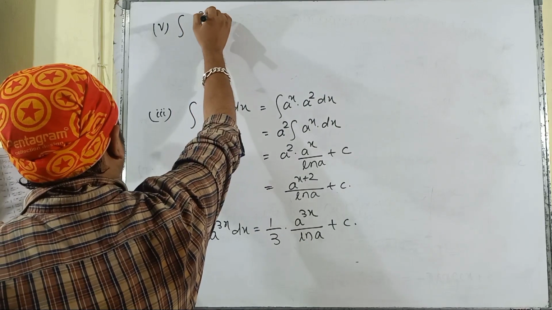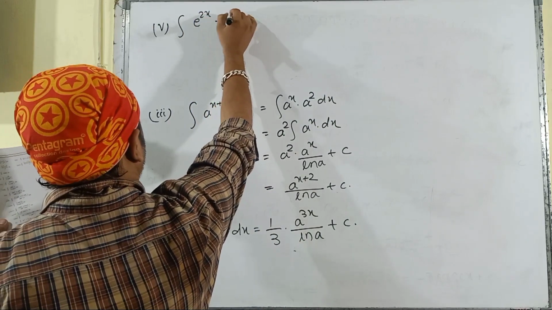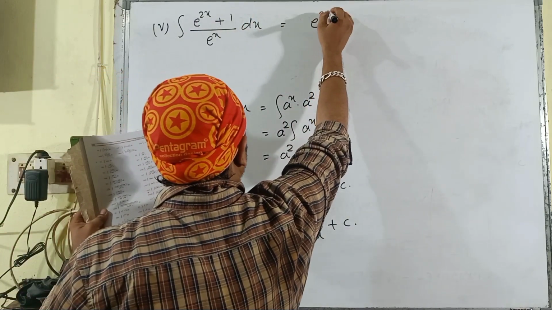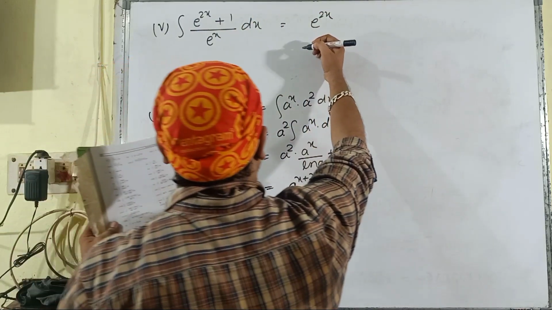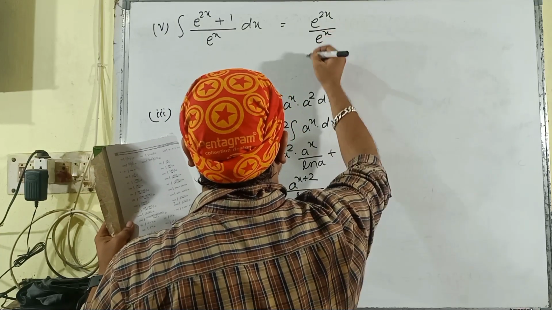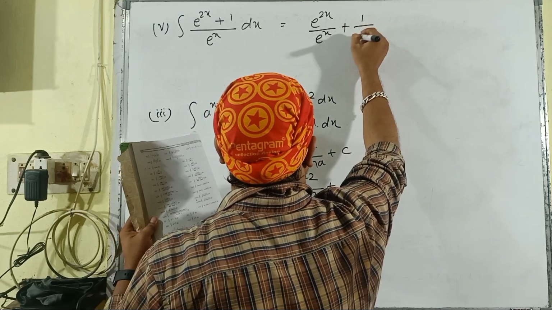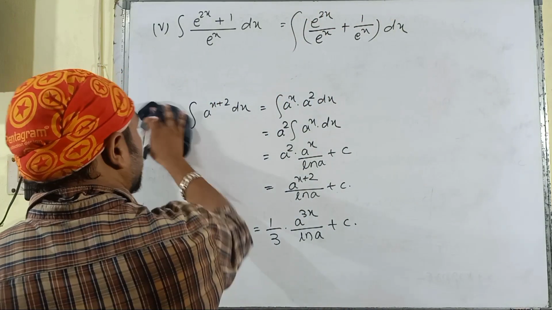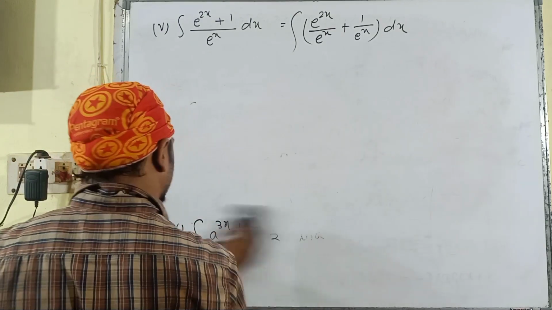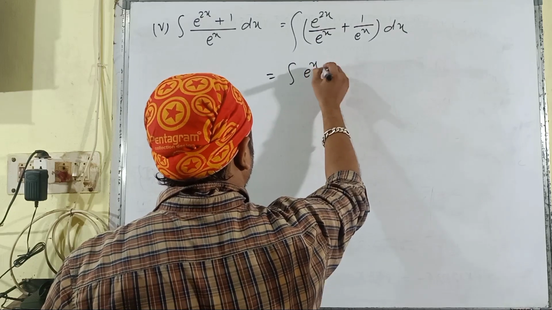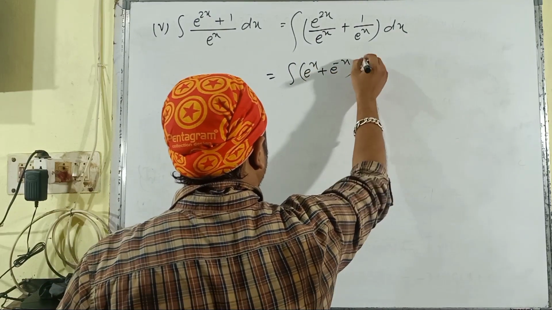integral of e to the power 2x plus 1 divided by e to the power x dx. Just separating the terms present in the numerator with the denominator part, it is e to the power 2x divided by e to the power x plus 1 upon e to the power x. Then simplifying, we have integral of e to the power x plus e to the power minus x dx.